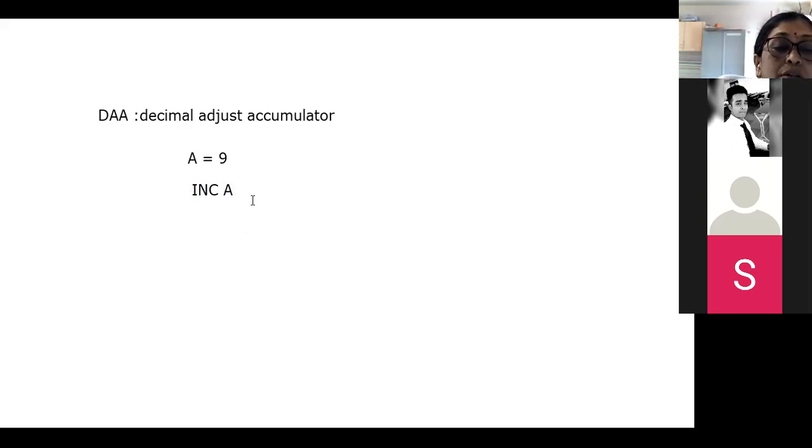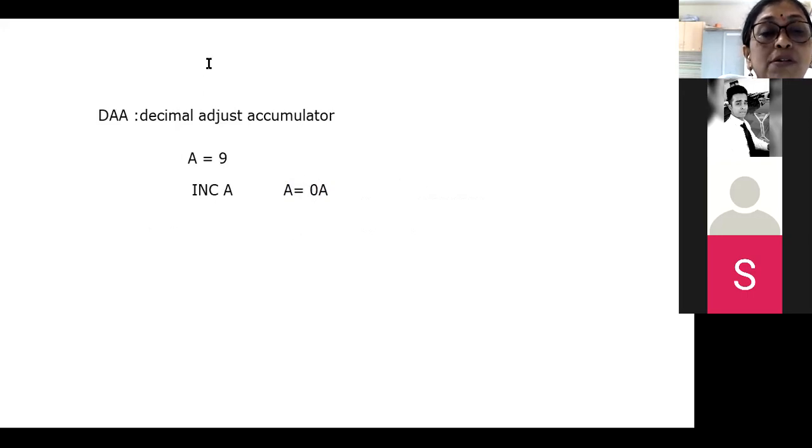Yes, tell me, what will be the result if you increment the accumulator? It will be 10. But as you know, the 8051 always works with hexadecimal numbers, isn't it? So what will the accumulator contain? It will contain 0A, because 10 is equivalent to 0A in hexadecimal.